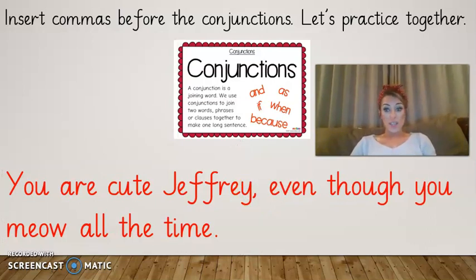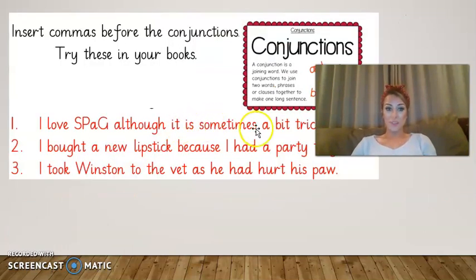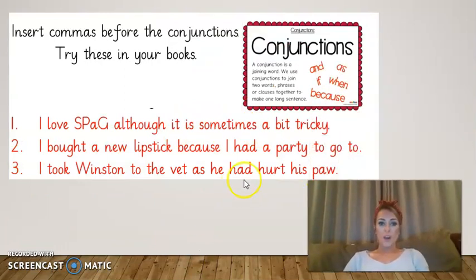Okay, so we've had a go at some of those, and I'm going to give you some sentences now, and you are going to put the commas in the correct places in the sentences. Are you ready? Okay, so number 1, I love SPAG although it is sometimes a bit tricky. Where does the comma go there? If you're doing this lesson from home, you can write out the sentence and put the comma in the correct place.